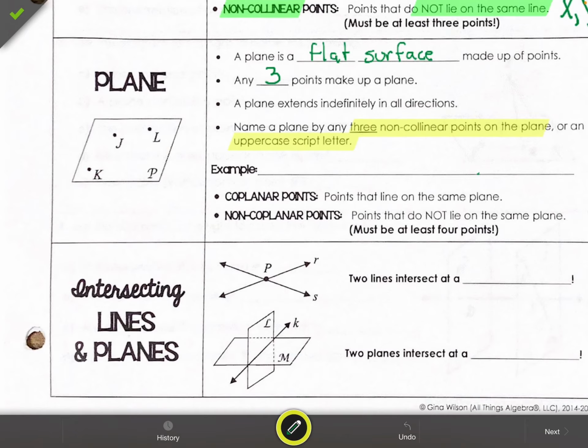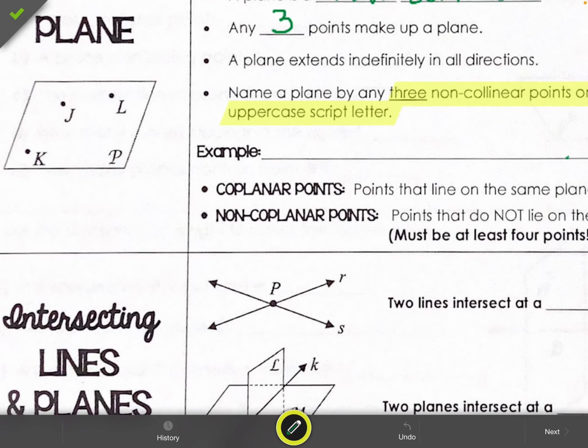So we could call this plane, and with a plane, there is a symbol. You can make a small version of the plane, or you can also write out the word plane. Really not super picky here. But you could say plane and then the 3 letters, J, K, L. We're just listing them out, no commas, because we're giving it a name.